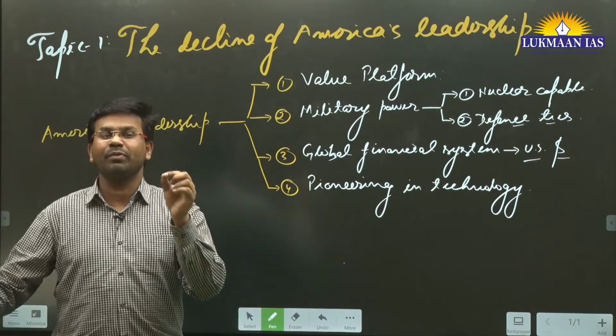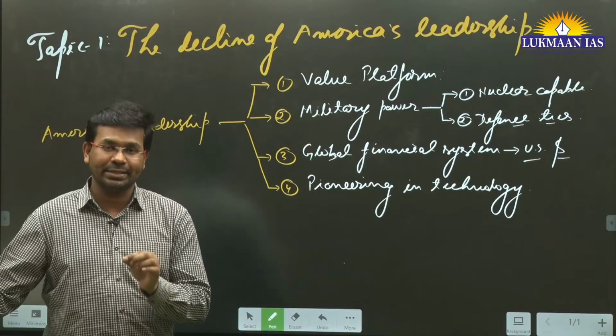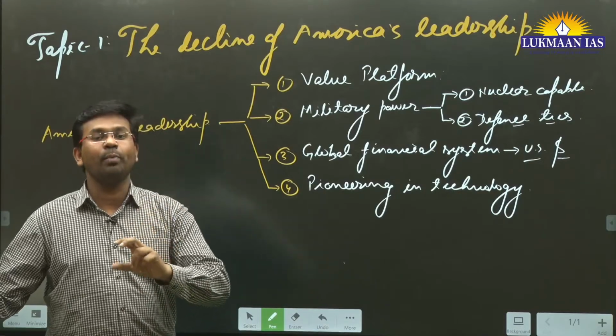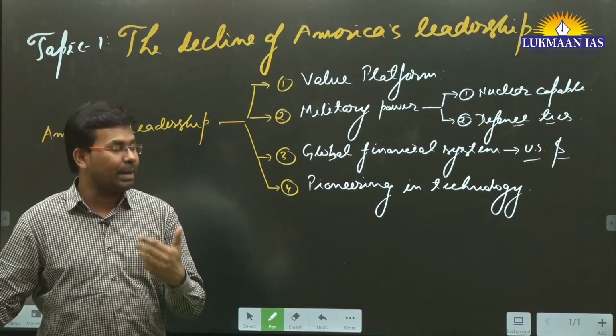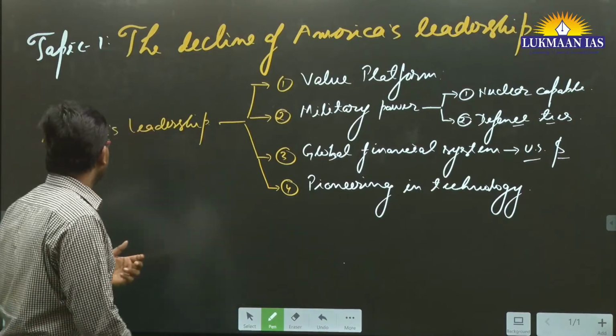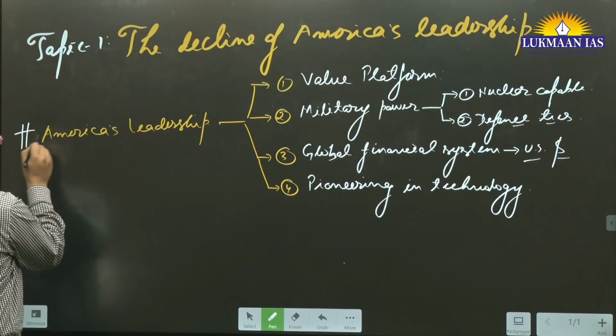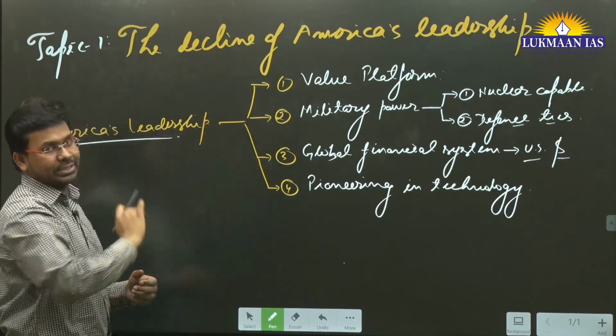Why? Because they have a very strong culture of R&D, research and development, and they follow a market economic structure. They follow capitalism. So America's leadership is shaped by these four notions.